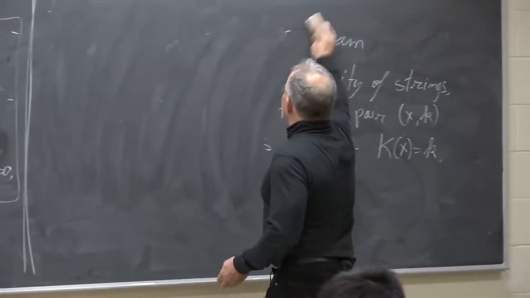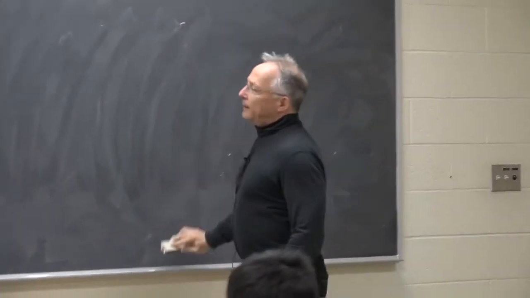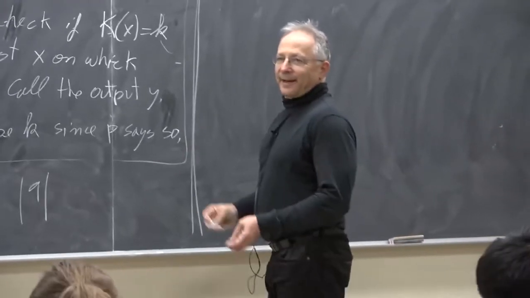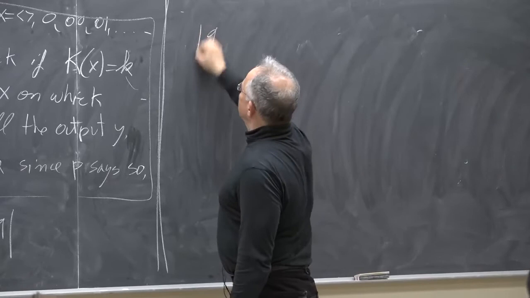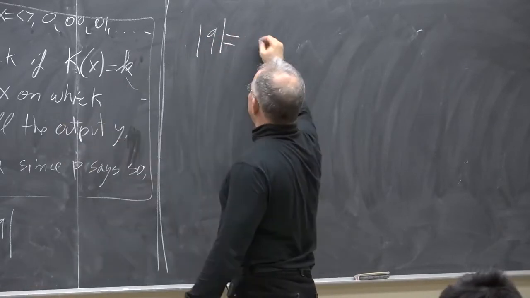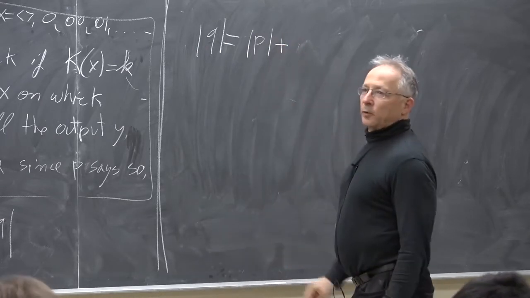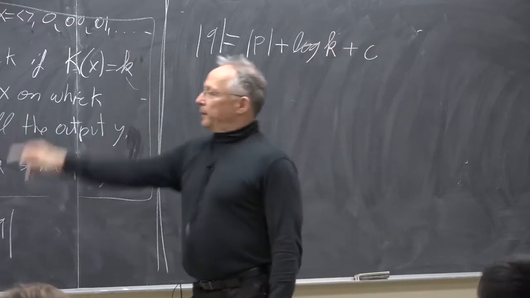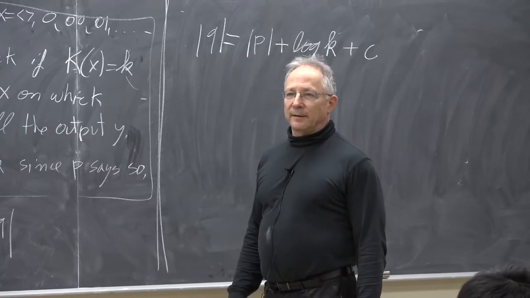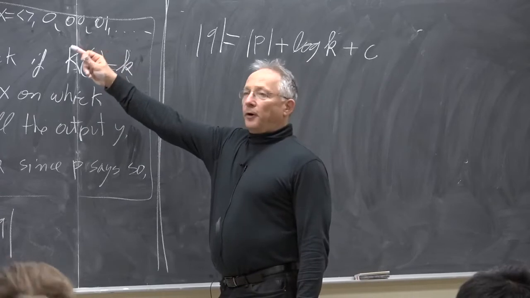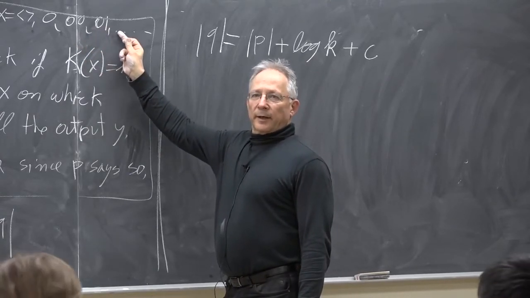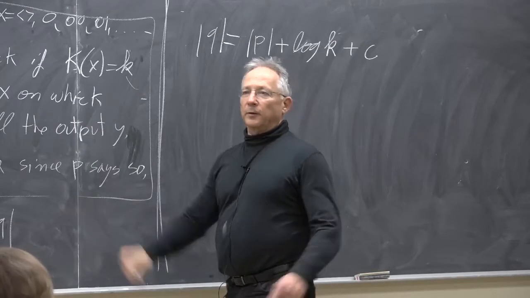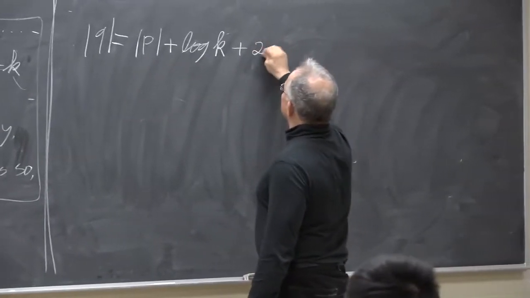So the length of Q is the length of P, plus I needed to write the number k, which is log k, plus some constant, which is the number of bits to write this program: for binary strings in lexicographic order, invoke P, if yes, output, if no, continue. Let's call it 20. I can do it in 20 bits.